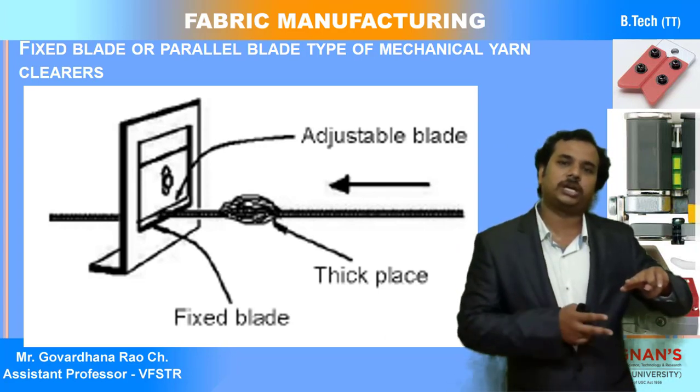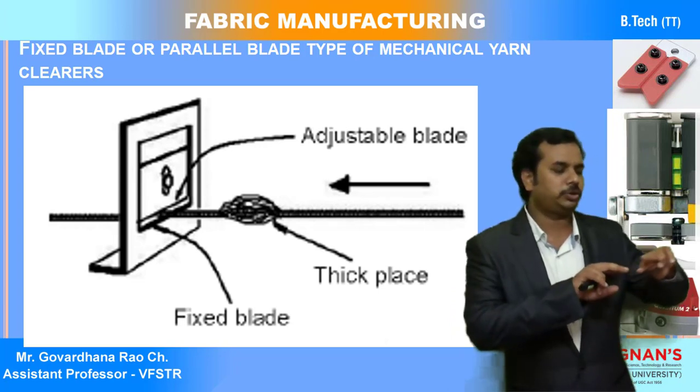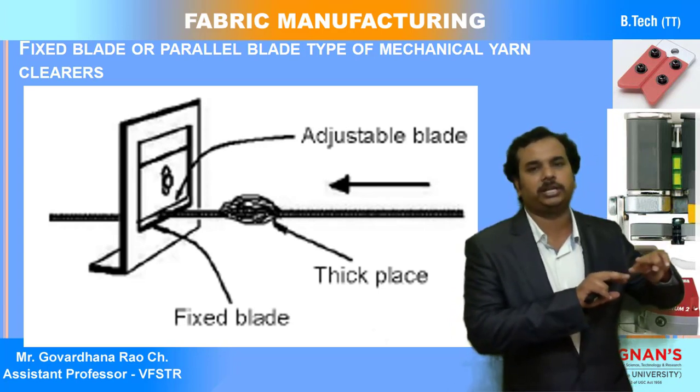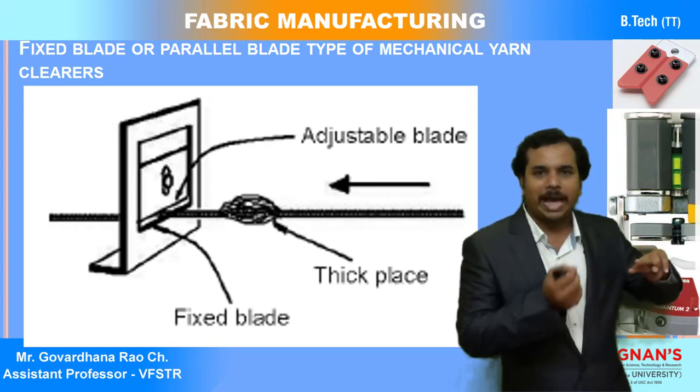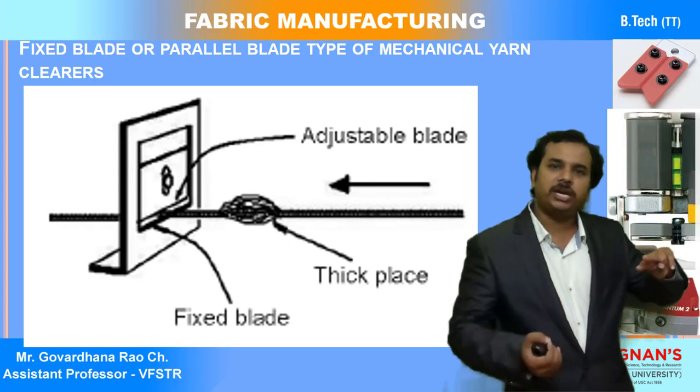For example, for a coarser yarn we keep a larger gap between the fixed blade and the adjustable blade, and if you have a finer yarn count, then the gap between the two blades becomes closer.